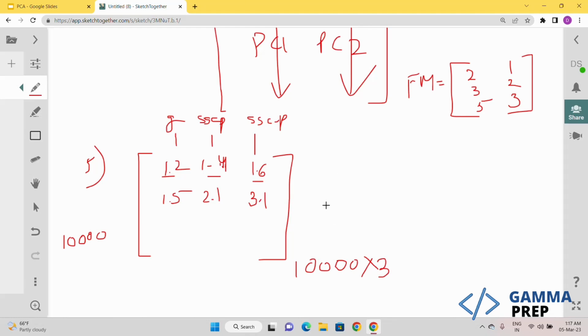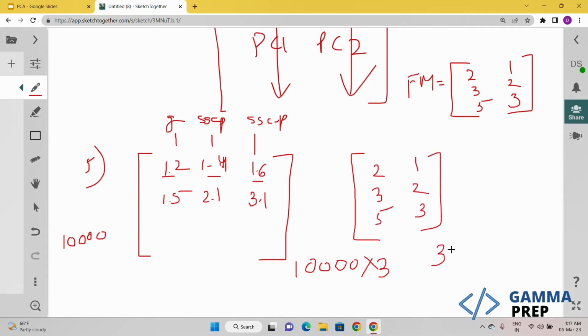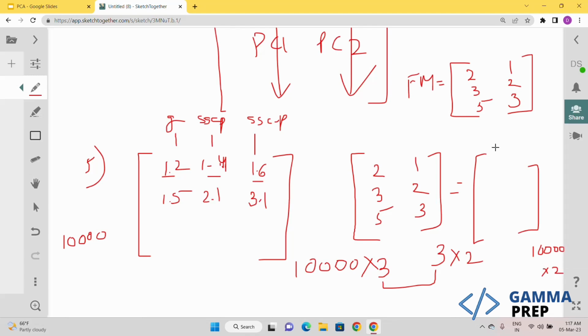So if you multiply this original data with the feature matrix, 235 and 123, which is 3 cross 2, the number of rows is 3 and the columns are 2, you can do the multiplication, and finally what you will get is 10,000 into 2. So now you will have two columns. The number of records remains the same, 10,000, but now the columns that you have are 2.